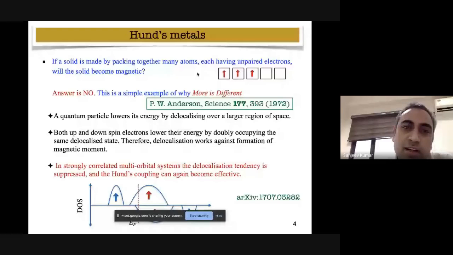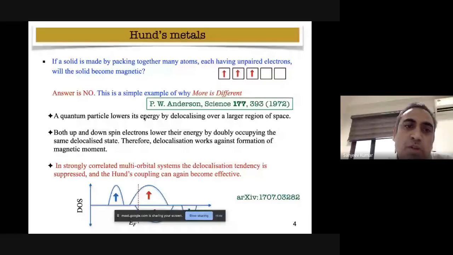And let me try to explain why. The main idea is that what competes with this so-called Hund's rule is the delocalization energy. The basic property of a quantum particle is that, left to itself, a quantum particle would like to delocalize or live over as much space as is available to it, and in this process it will lower its energy.